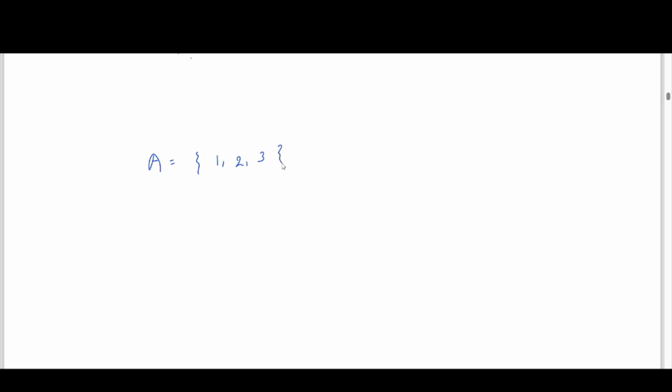Suppose I make A cross A. We have seen how to find the cross product of A cross B. Now I am making the Cartesian product of A with itself.